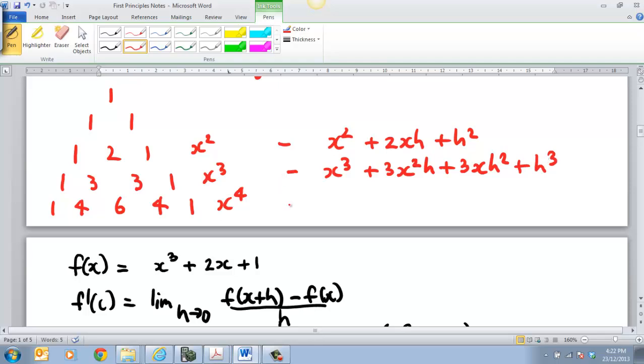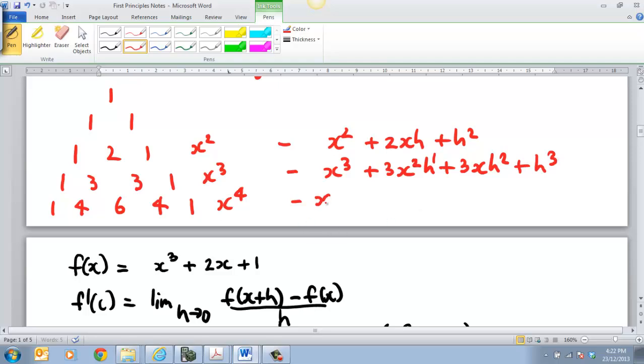I don't know if you've worked out what's going on, but the x power is decreasing by 1 each time, and we don't write the x to the 0 or the h to the 0 in there, and then the h term is h to the 1, increasing by 1 each time.